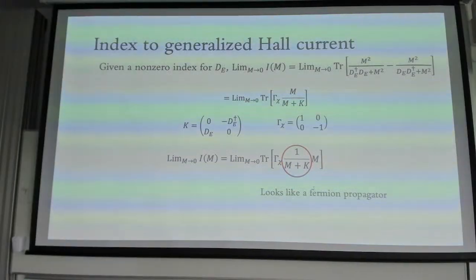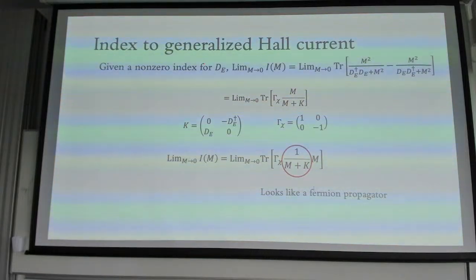So given a non-zero index for the fermion operator, now I'm going to massage it to write it in a different form.